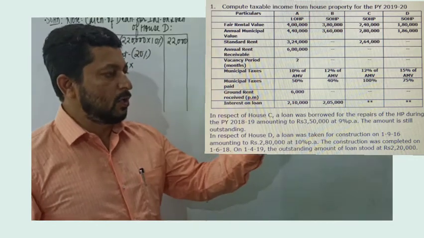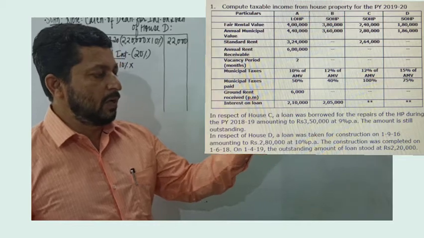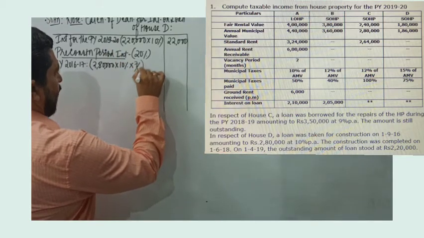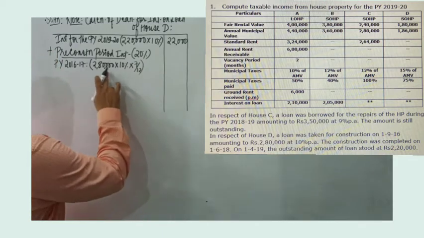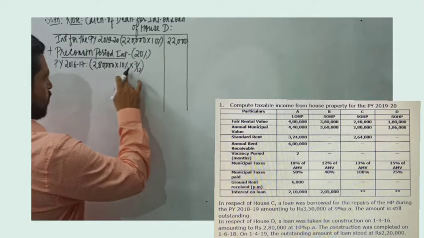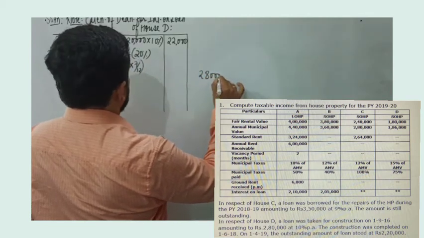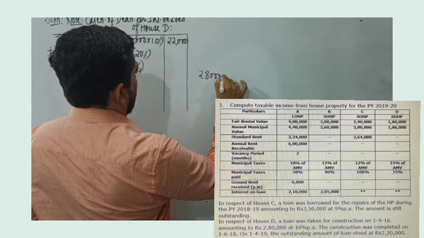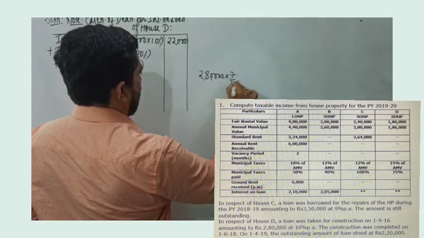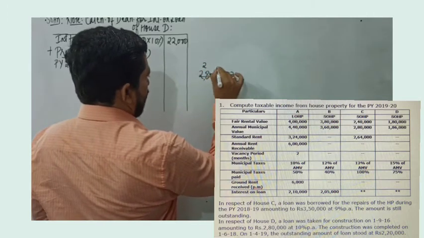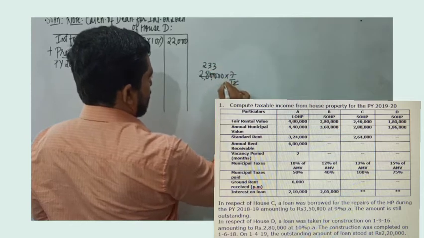So September, October, November, December, January, February, March. That will be for 7 months out of 12. So the amount would be 2,80,000 into 7 by 12. So I'll multiply: 12 times 2 is 24, 12 times 3 is 36.